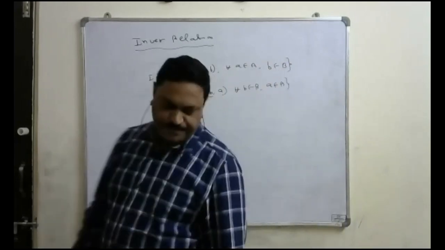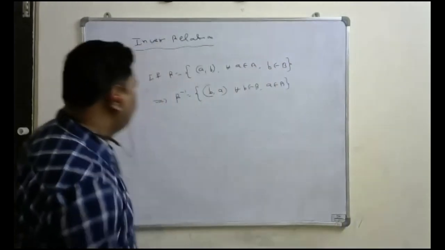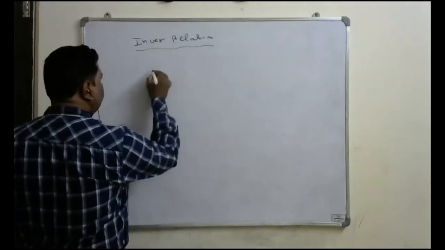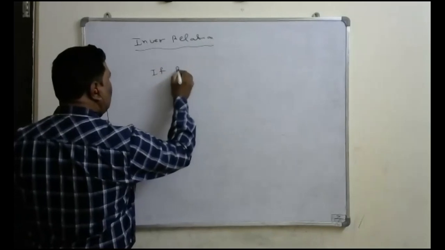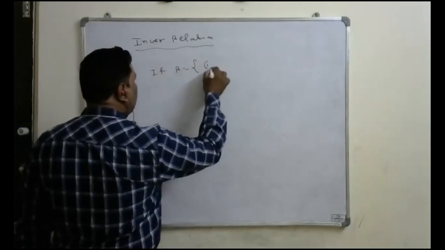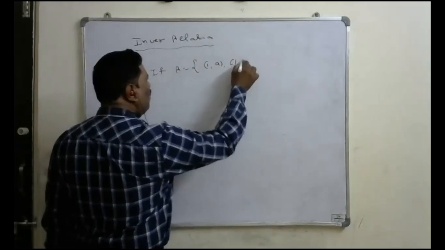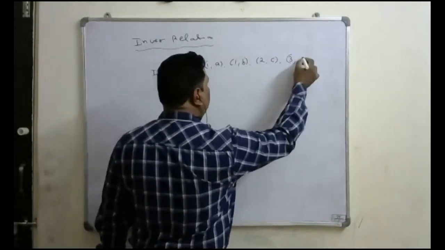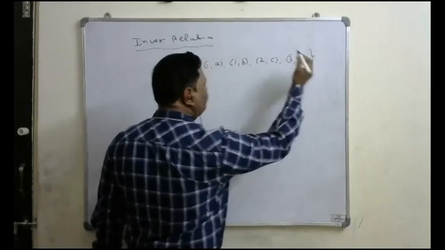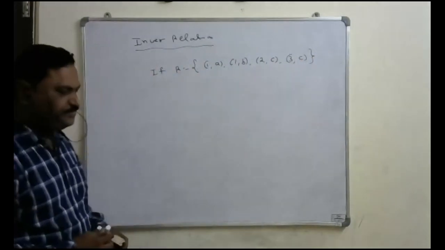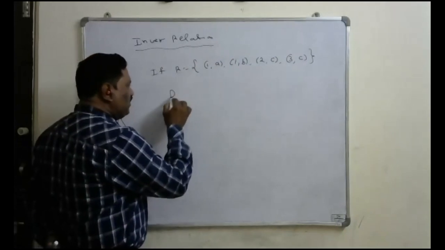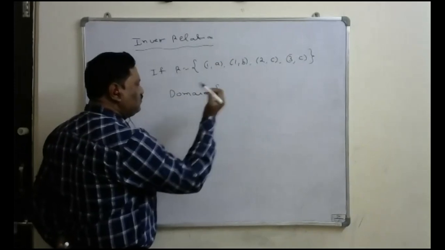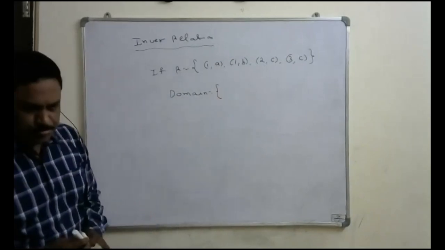For example, if R is equal to {(1, A), (1, B), (2, C), (3, C)}, suppose this is the relation, then what is its domain? What is the domain of that relation?